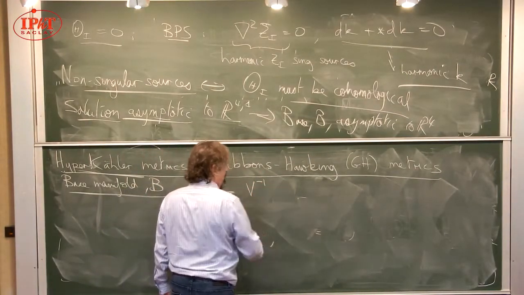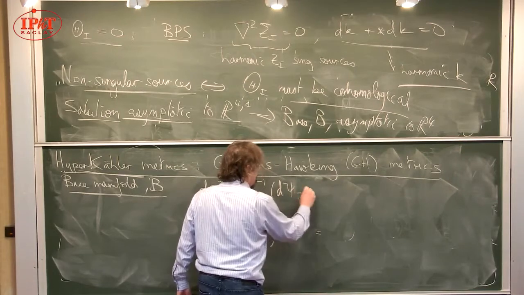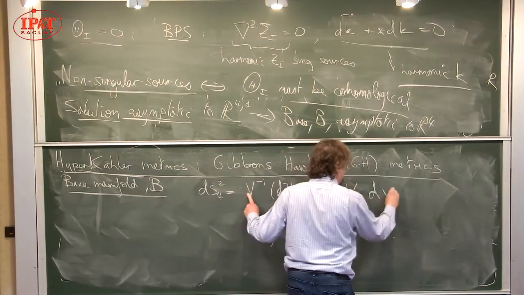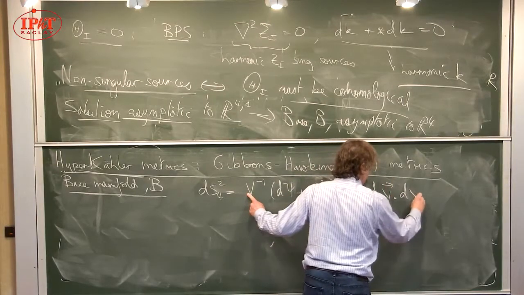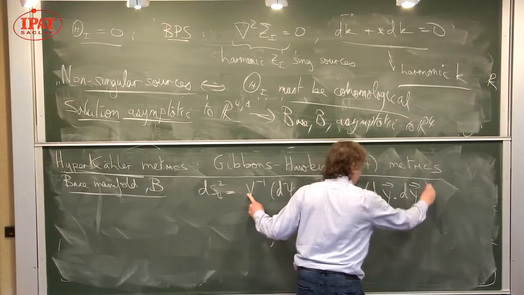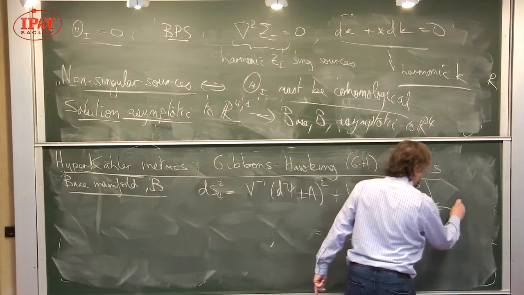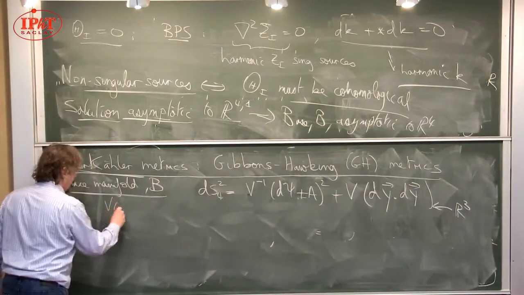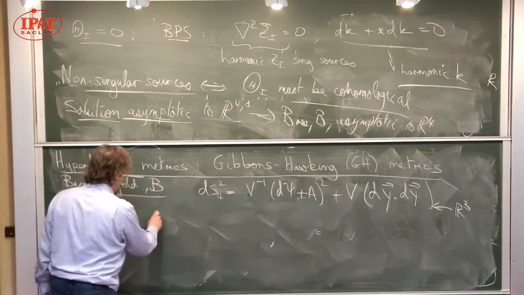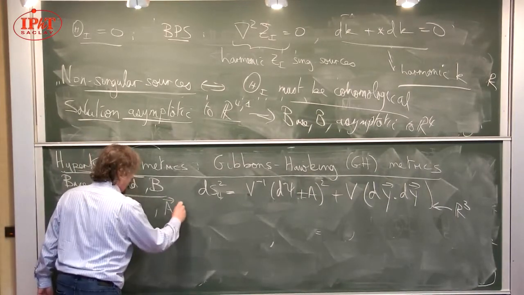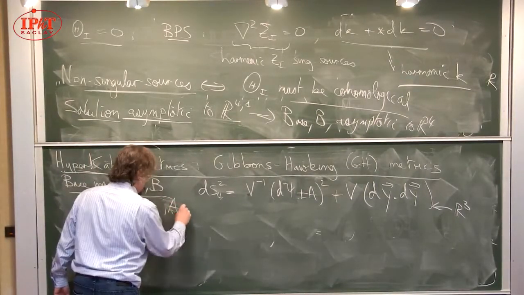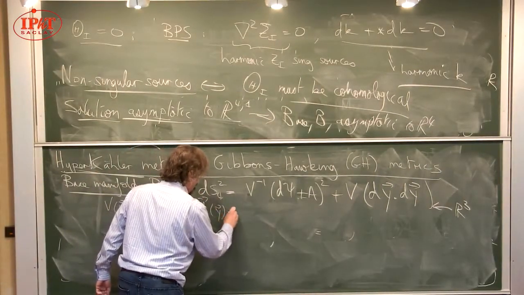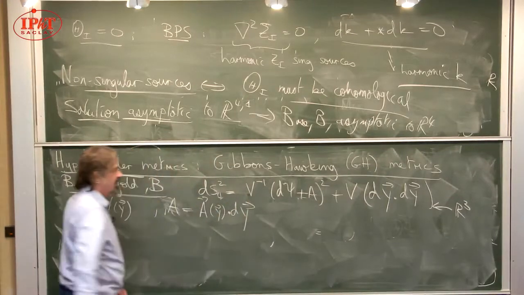There is going to be a fiber, a function V, and then what makes it so beautifully simple is that it's basically a warped form of flat R3. V is a function of y, and A, we'll talk about in a minute, is a vector field. A is equal to vector A of y dotted into dy. And we're going to talk about the constraints.